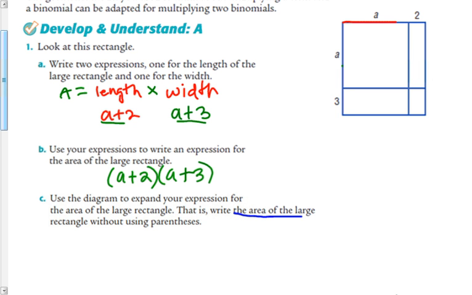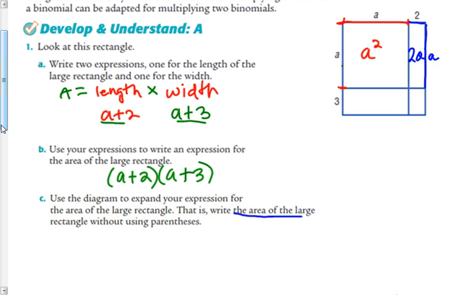So this length right here is a from there to there, and the width is a from there to there. So that expression for that area is a squared. This area right here, the length is 2, the width is a, so that area is 2a.